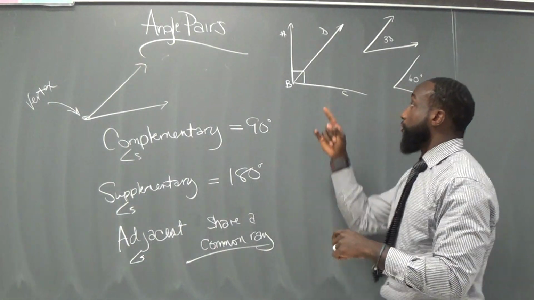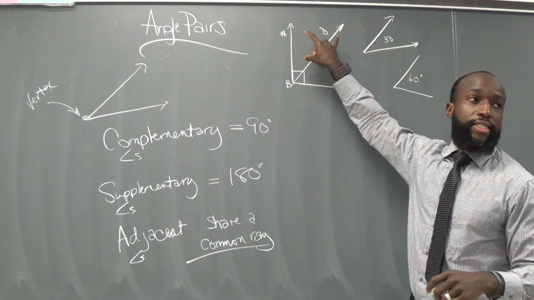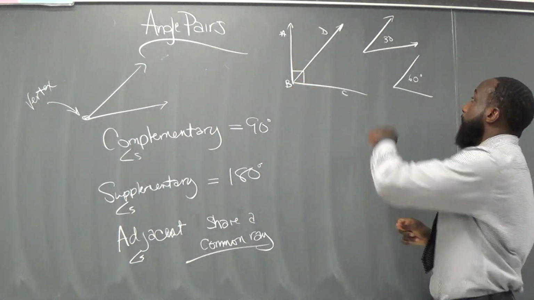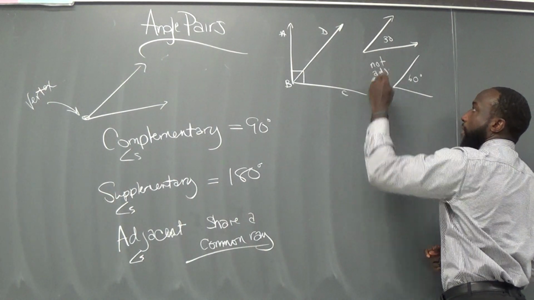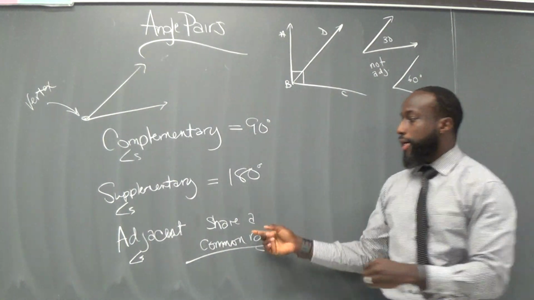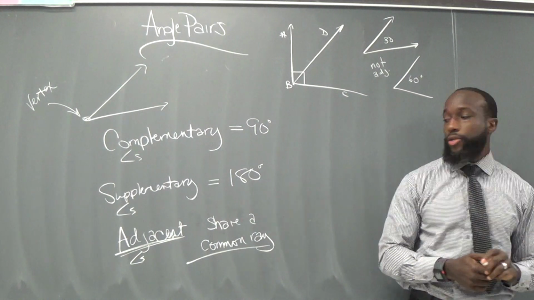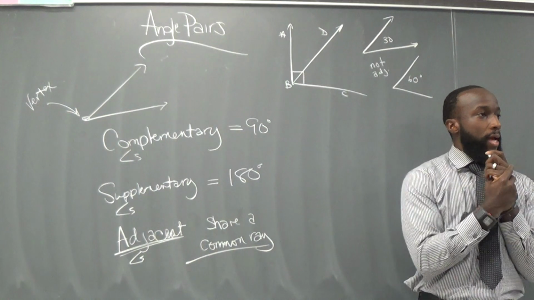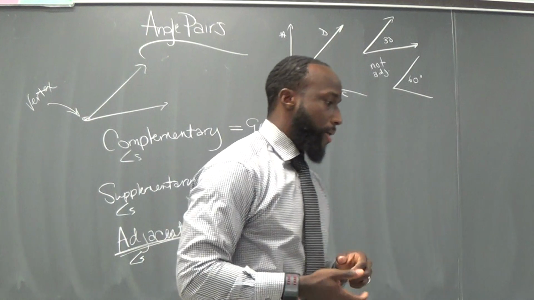For instance, angles ABD and DBC are adjacent angles because they share ray BD. These two are not adjacent, okay? Everybody good with that? And this word adjacent will follow you throughout the year when we get to trig. But adjacent means they share a common ray. They share one ray.